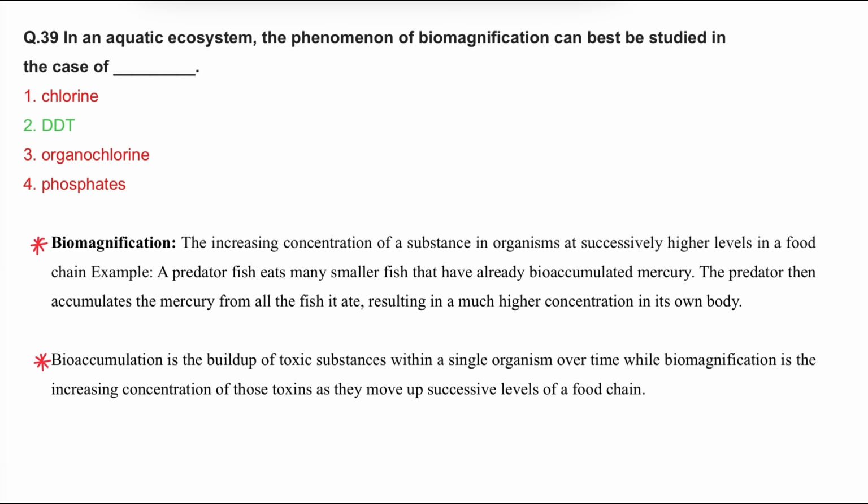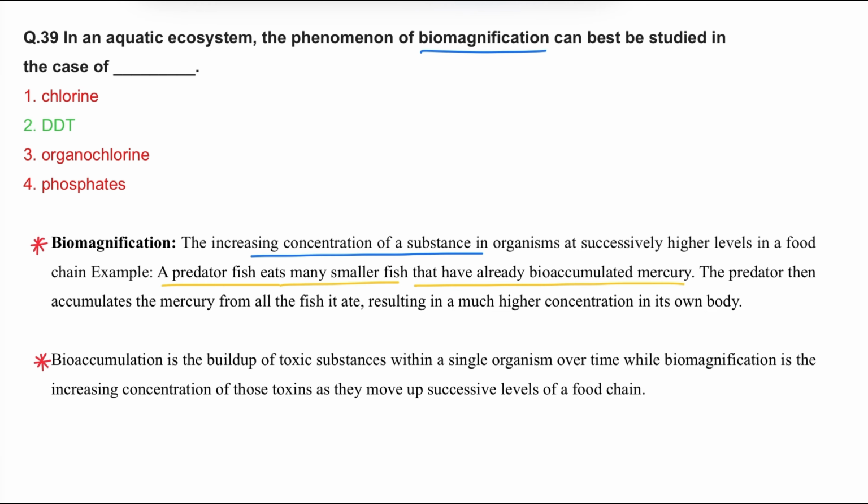Question number 39. In an aquatic ecosystem, the phenomenon of biomagnification can be best suited in case of... Biomagnification is increasing the concentration of a substance in organisms at successively higher levels in a food chain. Example: a predator fish eats many smaller fish that have already bioaccumulated mercury.